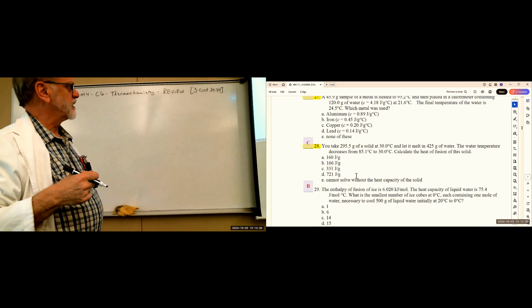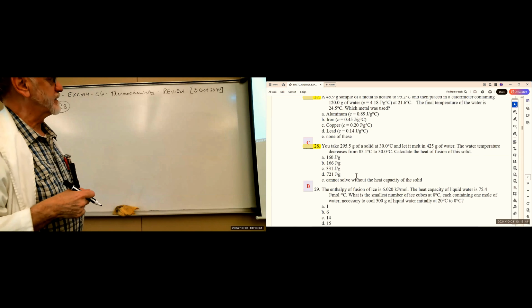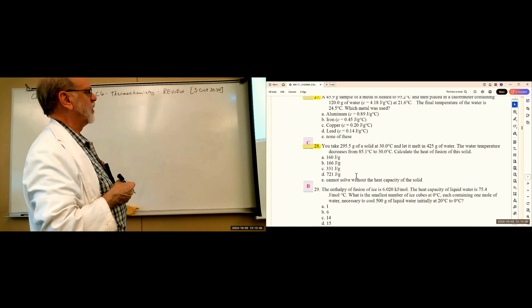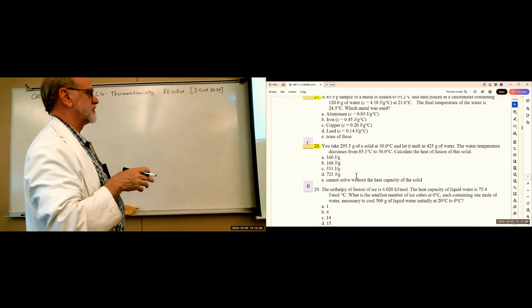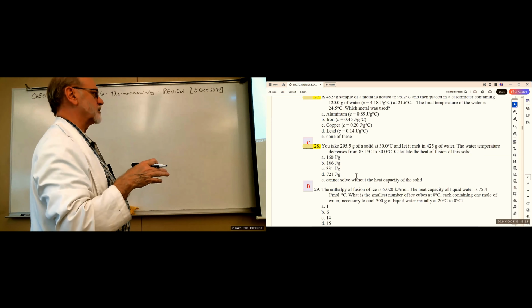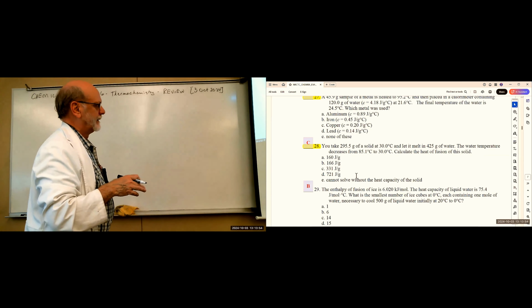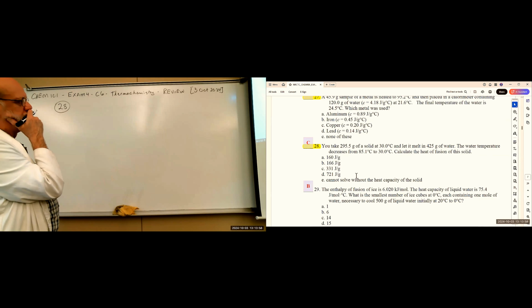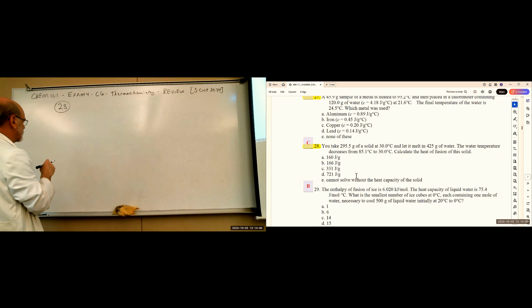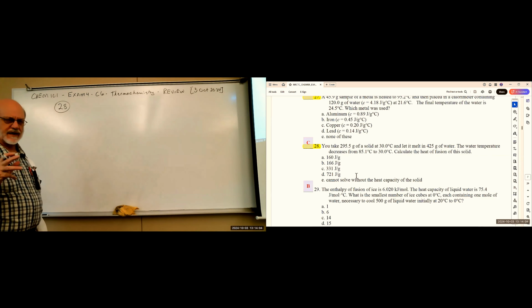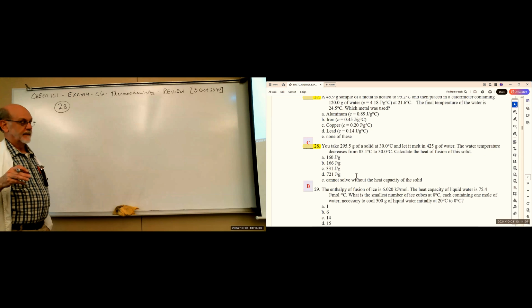Okay, you take 295.5 grams of a solid at 30 degrees and let it melt in 425 grams of water. The water temperature decreases from 85.1 to 30. Calculate the heat of fusion of this solid. All right. We didn't talk about the heat of fusion. The heat of fusion is like the calorimeter constant.